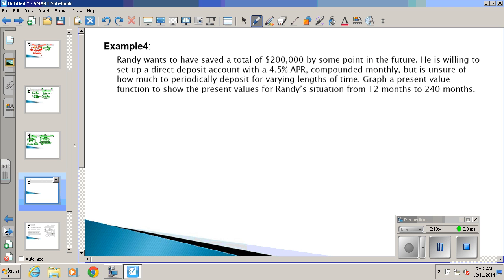Try example 4. Okay, so again, we have the periodic investment. And when you're reading through this, how much to periodically deposit. That's how I know I'm going to use this formula back here.